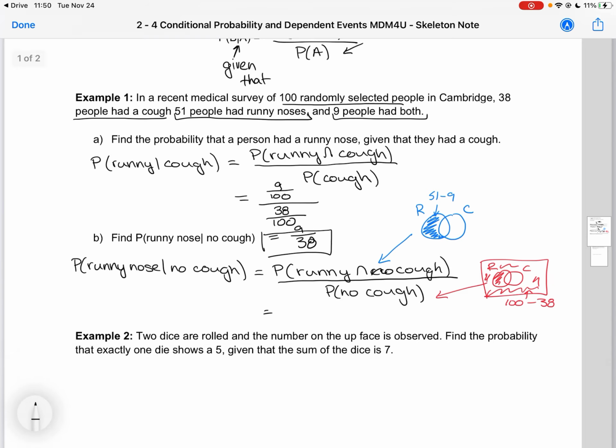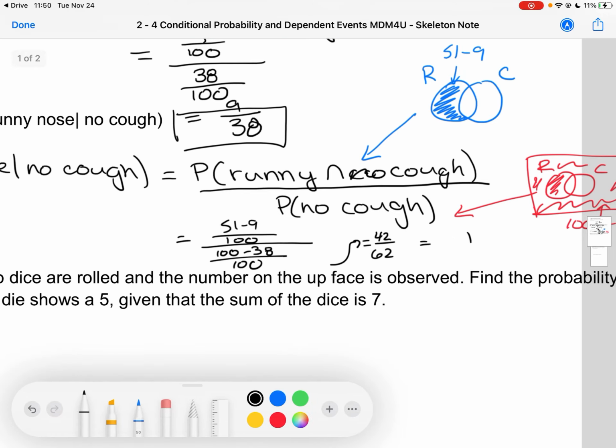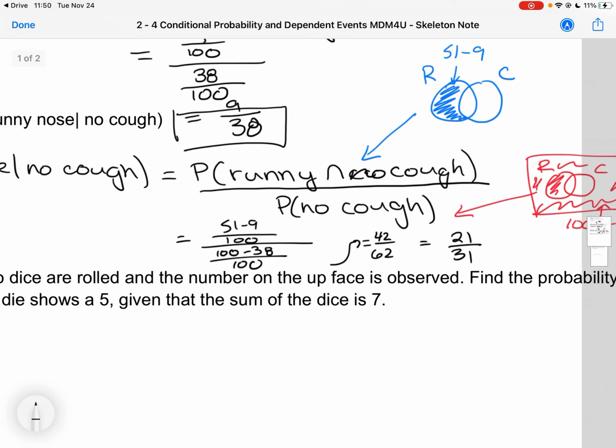And then we can put those into our equation. So we've got 51 minus 9 out of 100 people over 100 minus 38 out of 100 people. Simplifying that is going to give us 42 over 62, which gives us a probability of 21 over 31, or about 2/3 of the people had a runny nose with no cough.